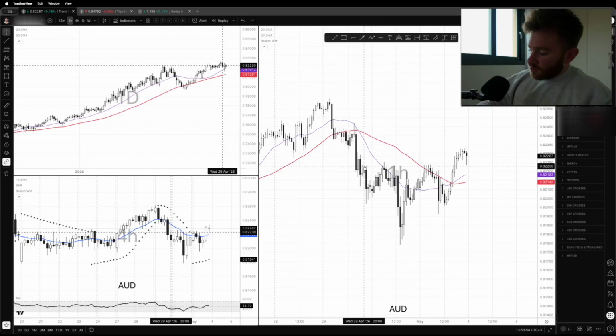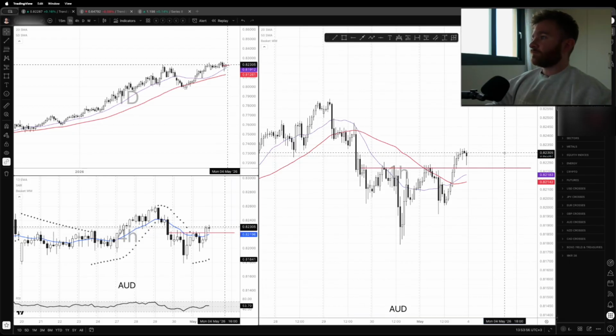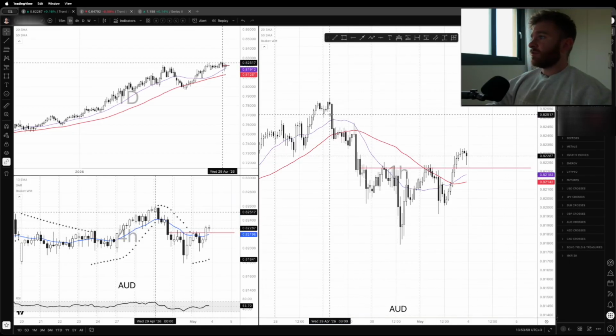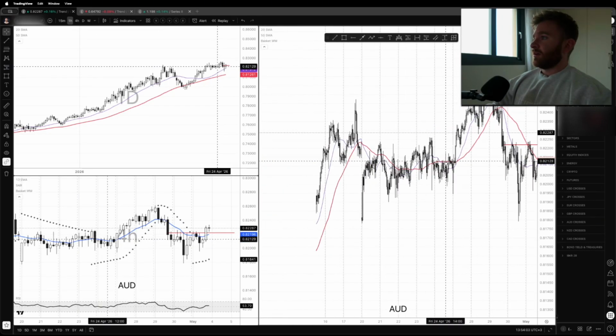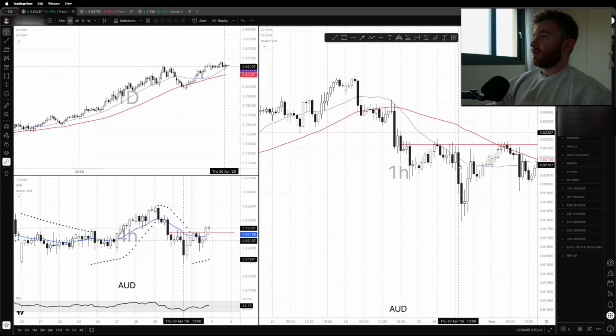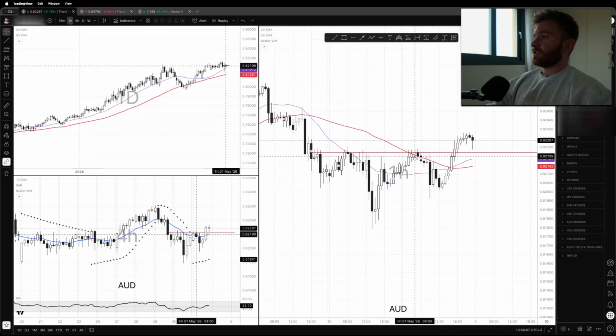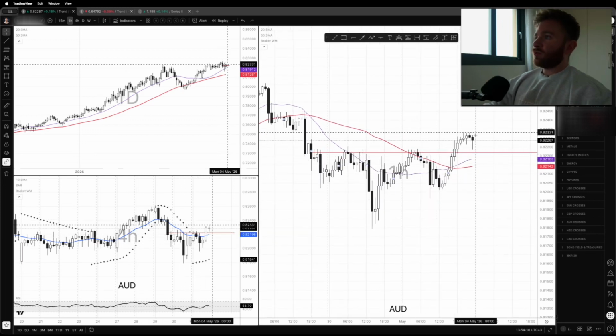However, what did we do? Well, right here, right now, we had this resistance level. You can see, because we're pulling back here, just look at the price action. We've got this resistance. Well, okay, we broke through that resistance. So what do I expect?